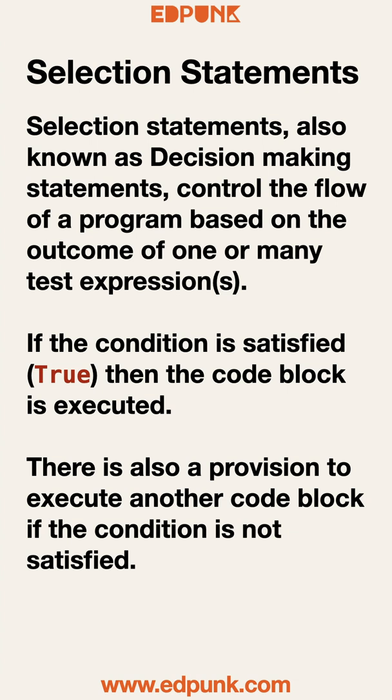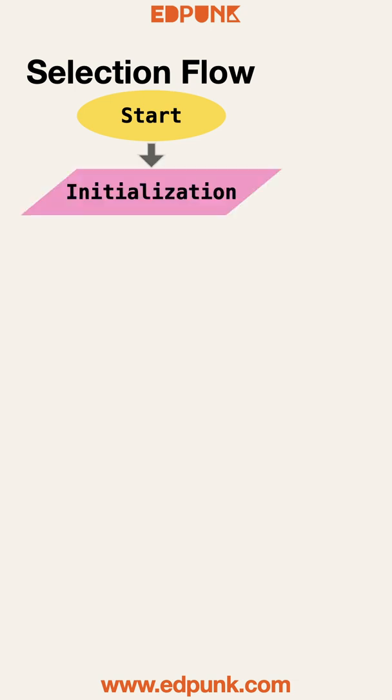Let us go through the process of selection flow with the help of a flowchart. The flow begins when the program starts, when the script is executed. Based on the user input, some variables are initialized. We encounter the first decision node where the variables are tested for condition 1.